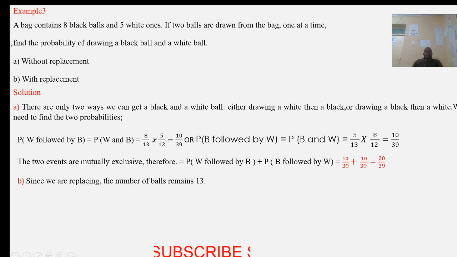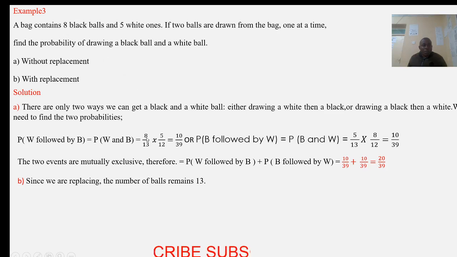Part B, with replacement. Remember, we have used it without replacement, meaning that you don't return it back. But now we are dealing with replacement. In the without replacement case, black were 8.